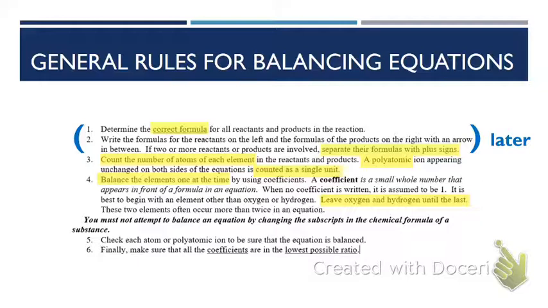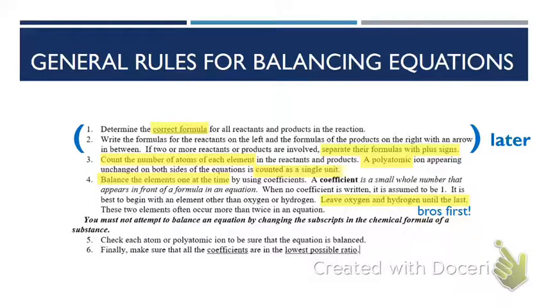But sometimes it's a little bit helpful if you leave hydrogen and oxygen till last. And I would definitely say leave oxygen until last. It gets into everything, it gets complicated. It's weird and crazy. So my rule, and it's probably a rule that you've heard before, and it's not really a chemistry rule, but I'm making it a rule, is take care of your bros first.